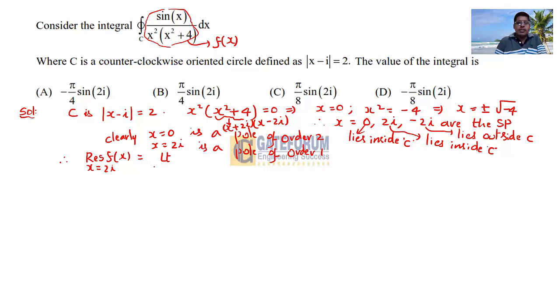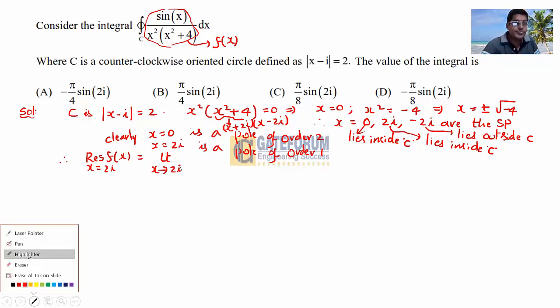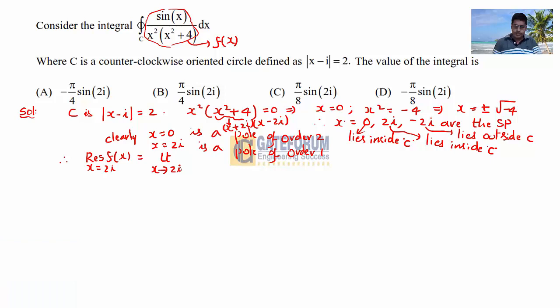The simple pole residue is given by limit x tends to a, where a is the corresponding pole or singular point, that is 2i, of x minus 2i into f of x, that is limit z tends to a of z minus a f of z according to the complex variable z, and z is equal to a is the pole of order 1, that is a simple pole.